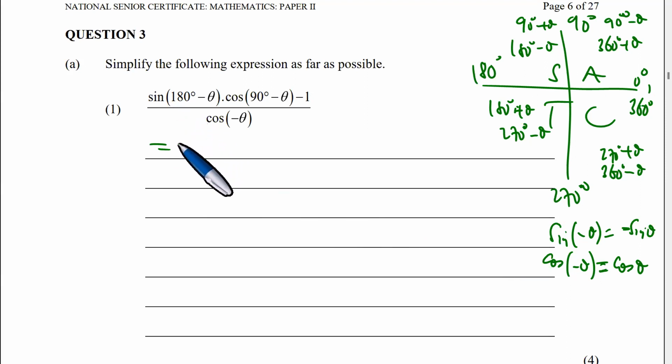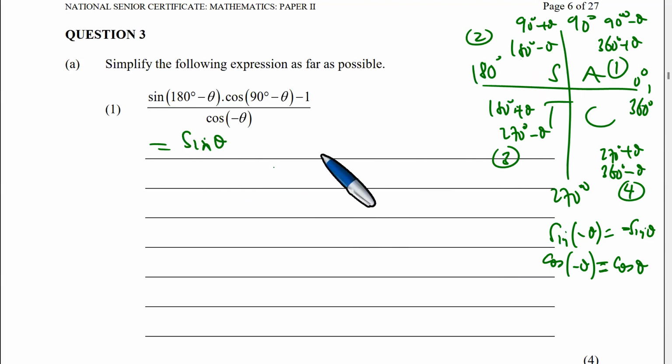What do you think? Yes, it's sine theta, which is quadrant 2, so it's the sine of theta because the sine is positive in quadrant 2.